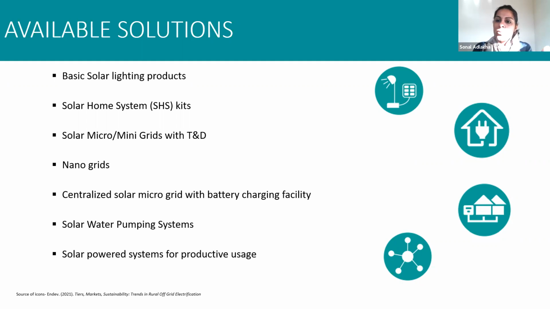There are the basic products that you use just to live, but there are products categorized as productive loads, which help improve your livelihood and your lifestyle. So we have solar water pumps, solar grinding machines, refrigerators, carpentry machines and things like that, which use solar energy to power these devices. Next slide.